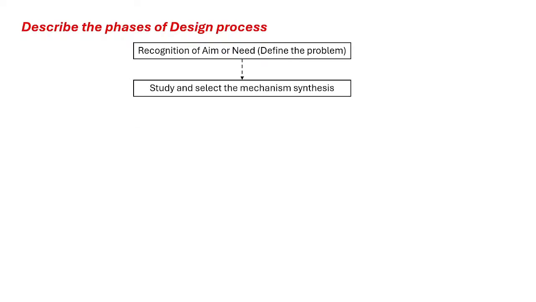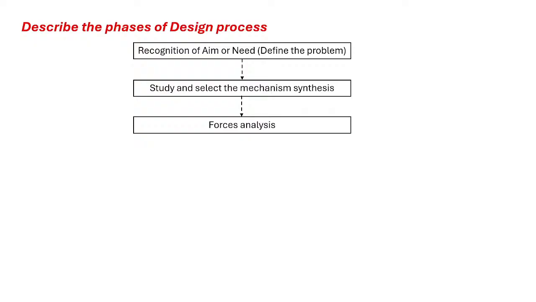The first step starts with the recognition of an aim or a need. Basically, that is the stage when we define the problem. The second is to select the mechanism, synthesis. That means the size of the mechanism needs to be estimated, and the size of the links or machine components is to be estimated.